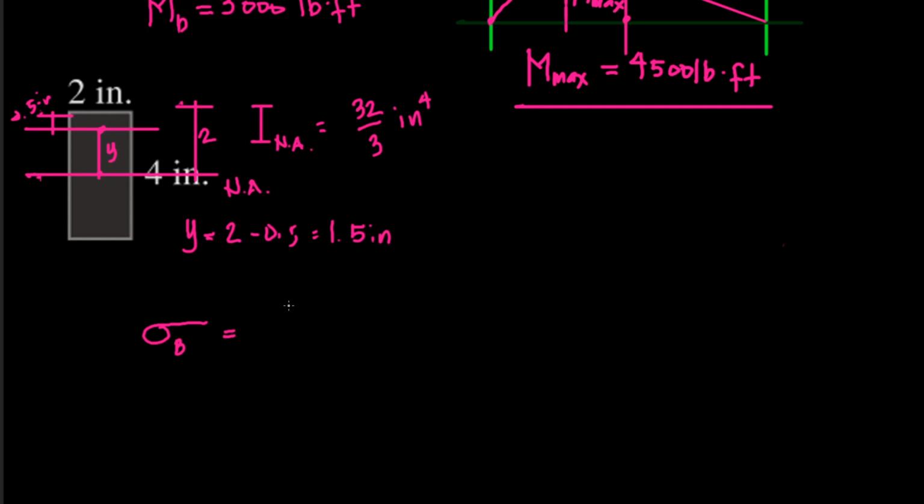Okay, so huwag natin kalimutan yung ating moment. I-multiply nyo yan sa okay, so ilagay natin yung units natin. So pound foot, at huwag natin kalimutang i-multiply yan sa 12 inches per foot. Huwag nyo kalimutan i-multiply sa 1.5.